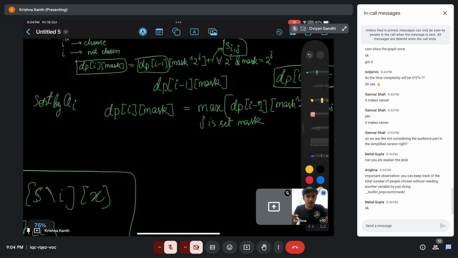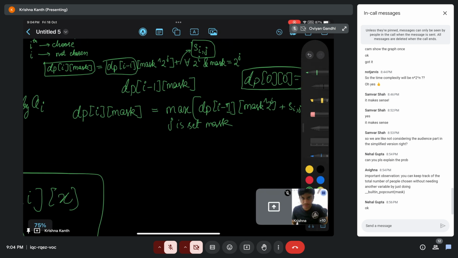As Avigna, I think, had said in the chat, we can keep track of the total number of people chosen without needing another variable by just using the built-in popcount of the mask. Exactly right. So we can easily check if right now we have some space for audience members. If there is any space for audience members, we always consider them, because as I told you, it's always optimal to consider the person right now if we have any quota left for audience members.